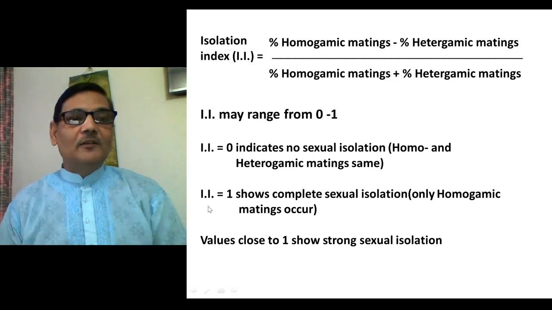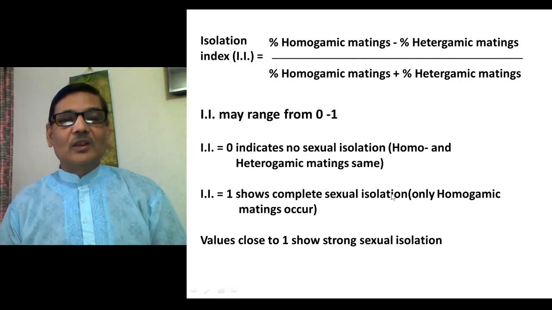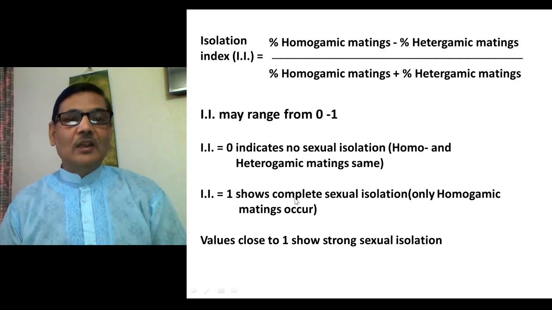And if you find this value to be 1, then that indicates that the two species are completely sexually isolated, meaning they do not show reproduction between them, and there is complete reproductive isolation, particularly sexual isolation. Ethological isolation is there. They do not like to mate with each other at all.